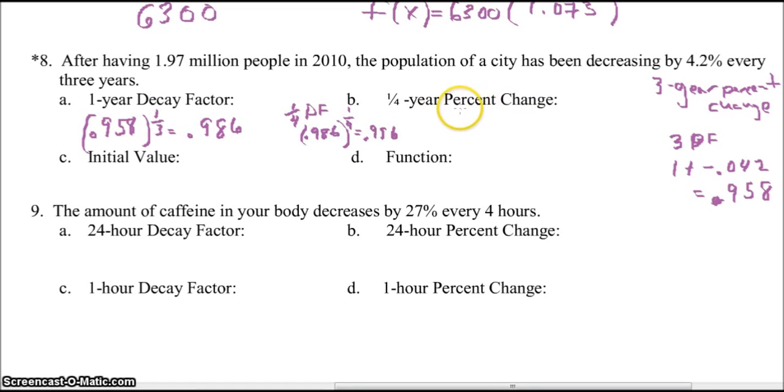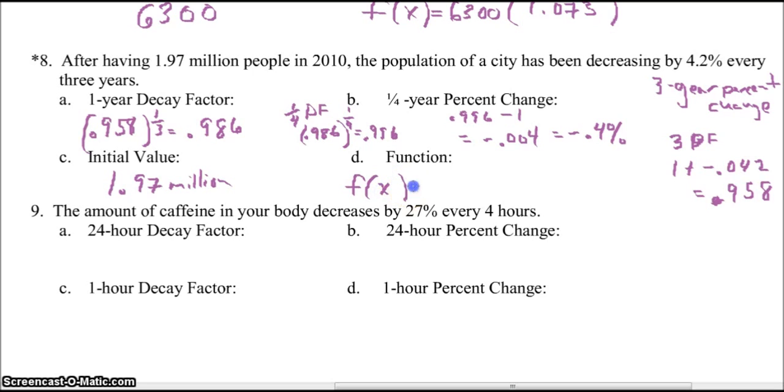And so my percent change will be 0.996 minus 1. Negative 0.004. That's about negative 0.4%. Okay, my initial value, that's 1.97 million. Then my function, this output is going to be in millions of people because I'm just going to use 1.97 here, and my 1-year decay factor 0.986, and an x here for time.